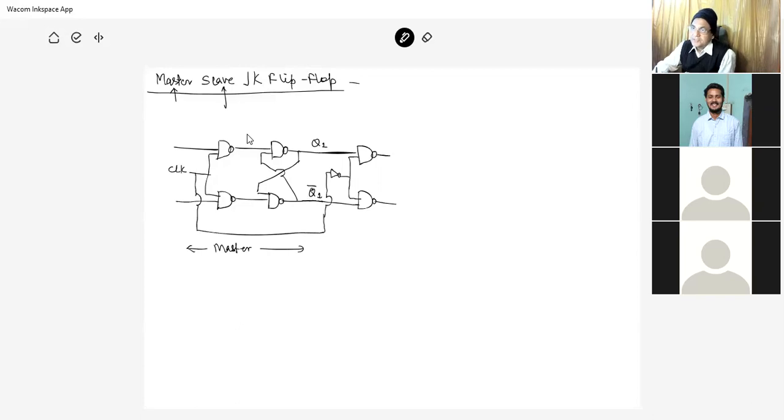Whatever this clock is, if it is 0, then this point is 1. If it is 1, then this point will be 0 because of this NOT.